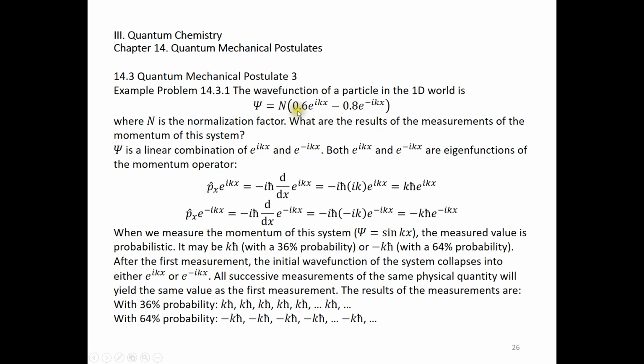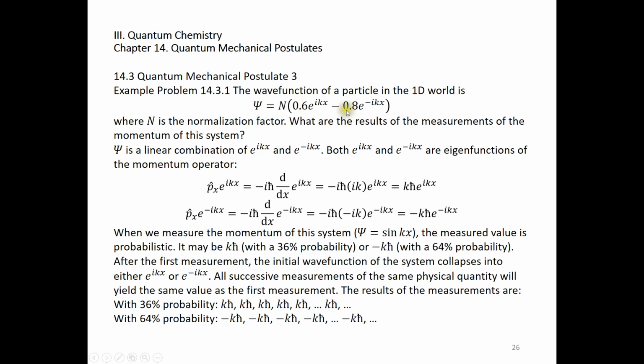If you try to measure the momentum of this one, with 36% probability, you'll get kh bar. With 64% probability, you'll get negative kh bar. Why 36%? The probability is proportional to this coefficient squared, and this probability is proportional to this coefficient squared.